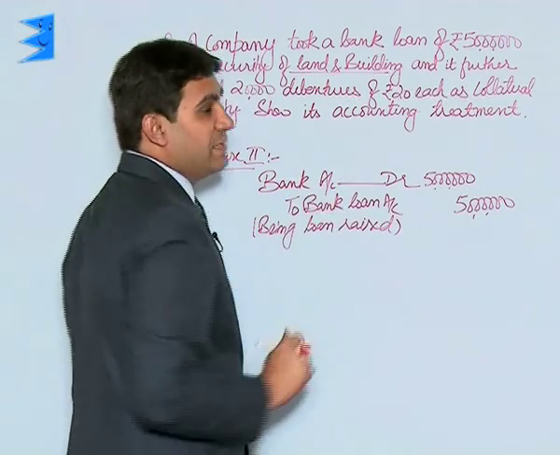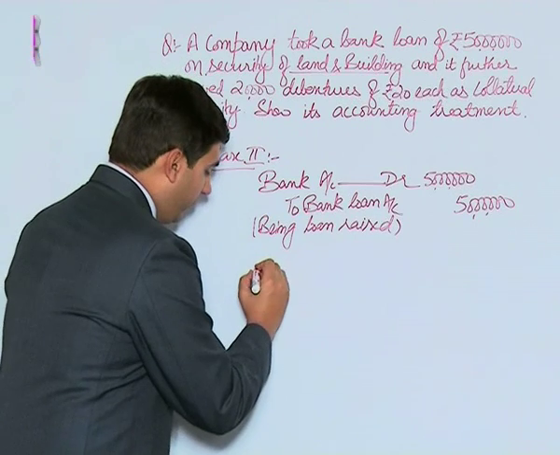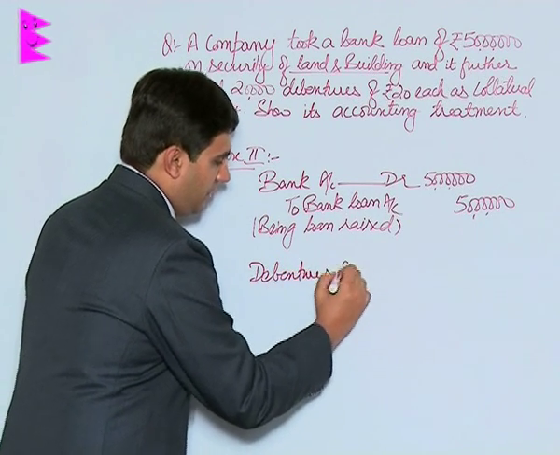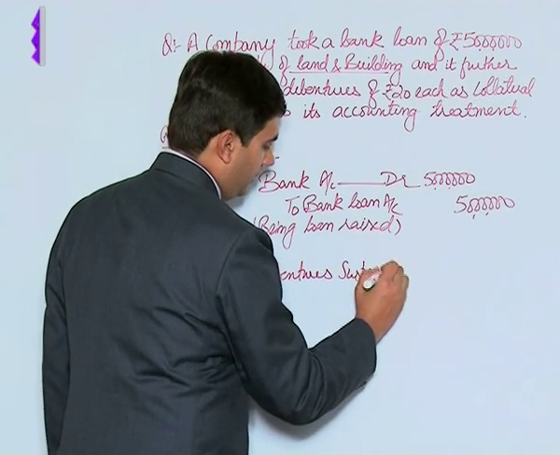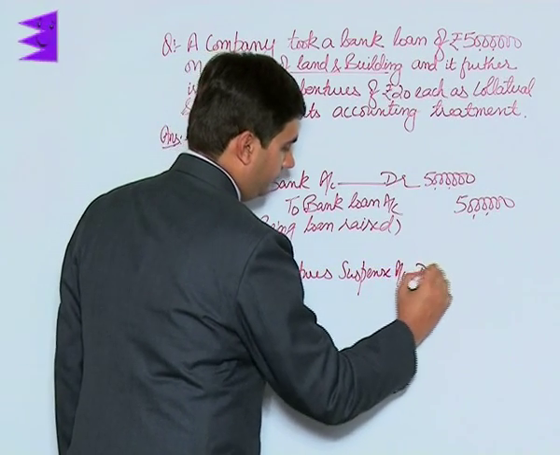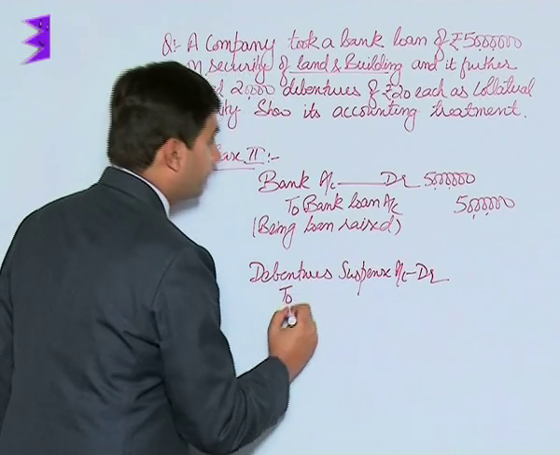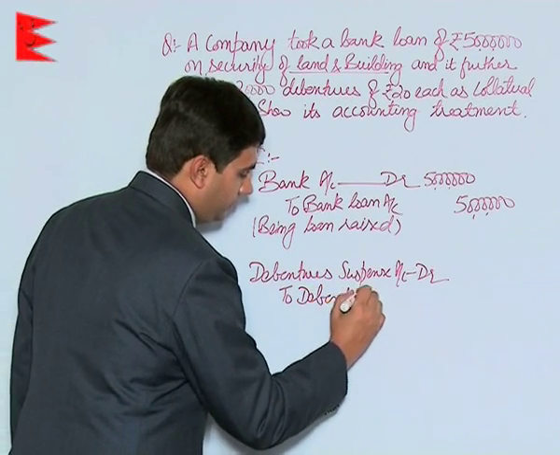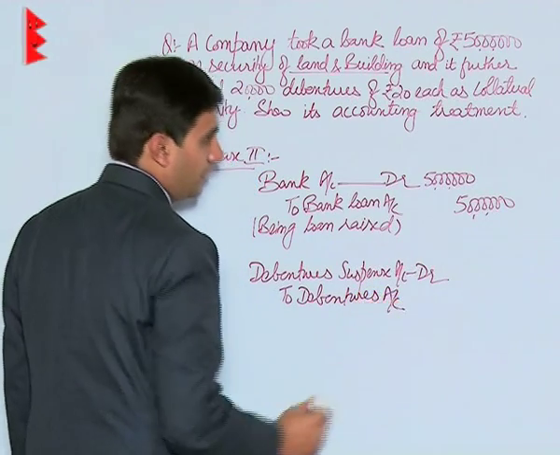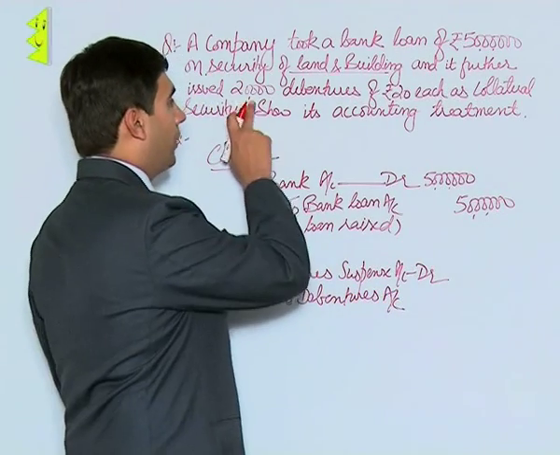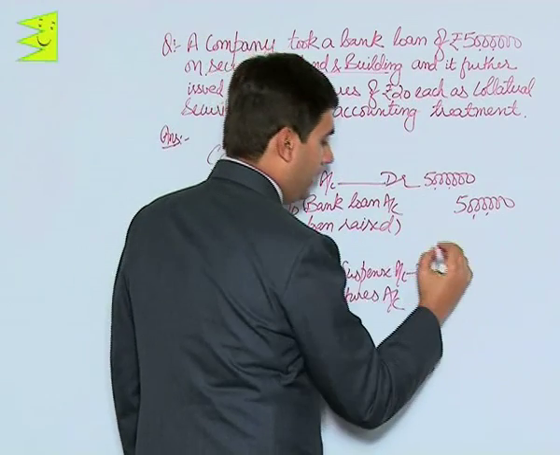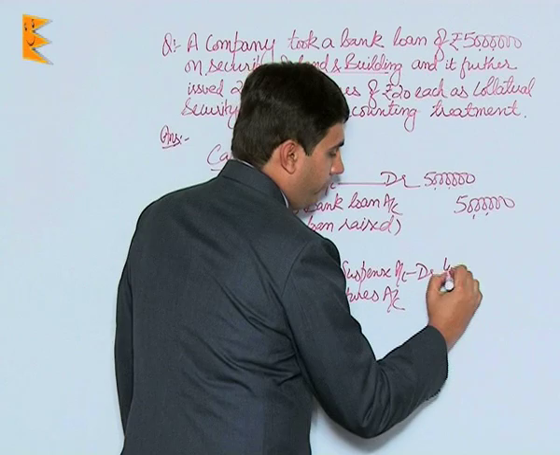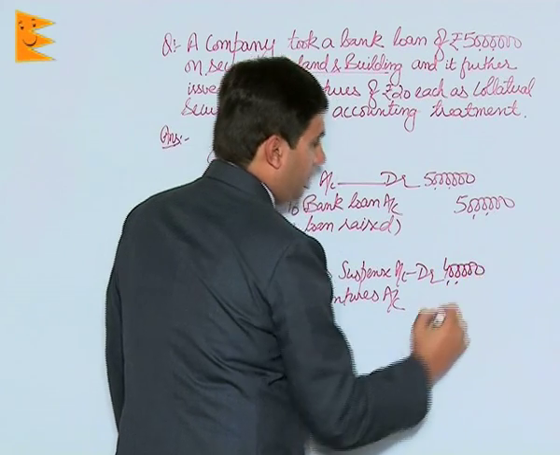Coming to issue of debentures as collateral security. So the entry for issue of debentures is debentures suspense account debited to debentures account, and the amount would be 20,000 into 20, that is 4 lakhs.